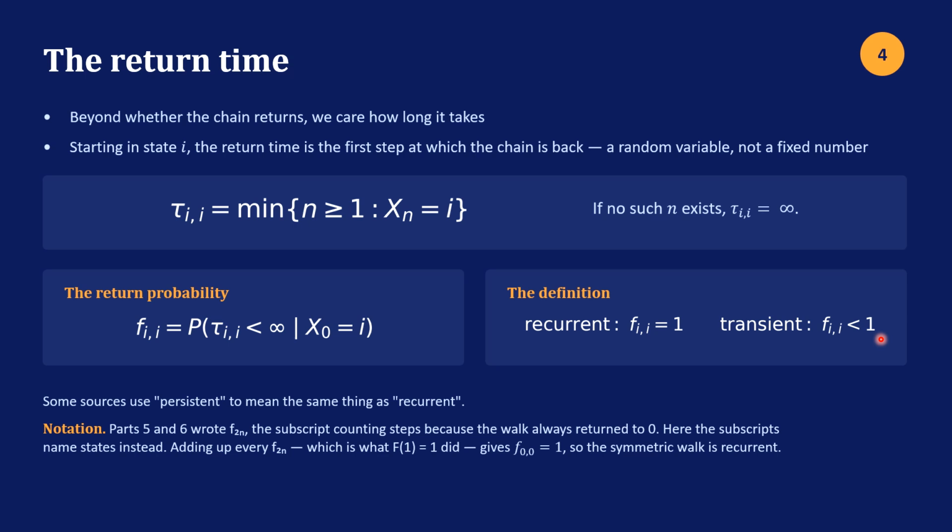And just one caution here, I have almost the same notation that I used in lessons 5 and 6, and for that matter 6a. I used the notation that I'm pointing to here, f sub 2n, and that was the first return probability from 0 back to 0 in 2n steps.